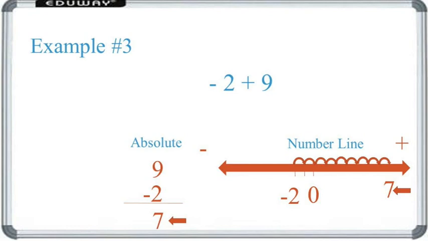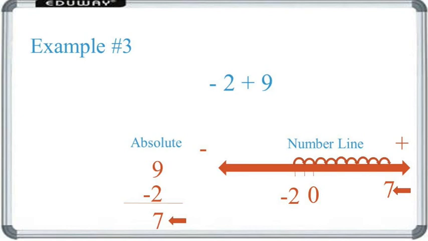Because we are adding, it means you are going to the right. So we are going to go up 1, 2, 3, 4, 5, 6, 7, 8, 9. Let's see where we land. This is not 9, because we are not starting at 0.